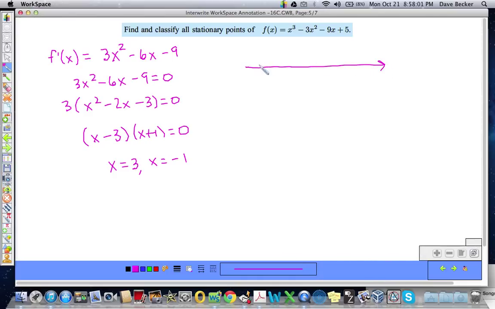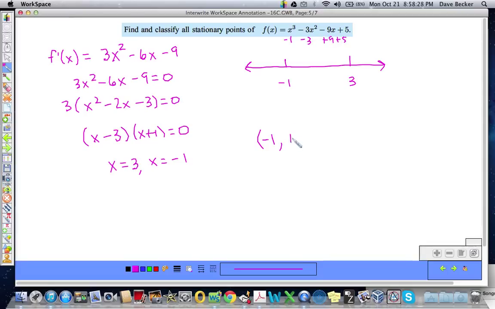So here we go with a sign diagram. So that's going to be negative 1 and 3. Now, before we go any further, it says find all stationary points. So that means I need to get the coordinates of each of these before I can define them. So I replace negative 1 here, and I get negative 1 minus 3 plus 9 plus 5.